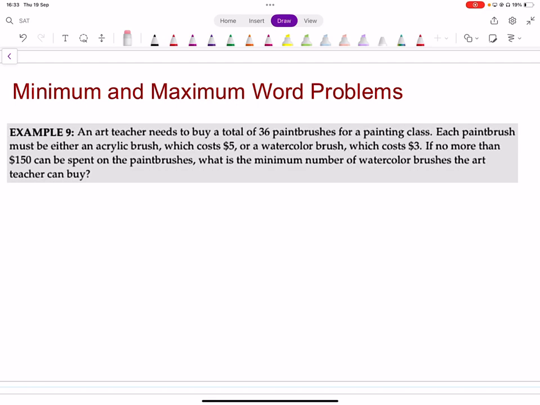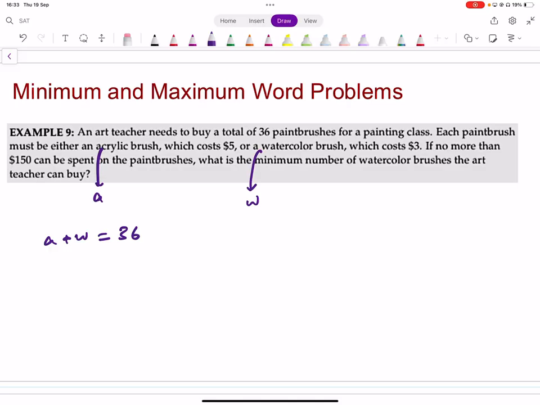The total number of paint brushes is exactly 36. There's no inequality there. This number is supposed to be 36. Now we have two types of paint brushes. Let's represent this with A and this with W. So we can say A plus W is supposed to be equal to 36. Is that okay? That's one condition that we have.